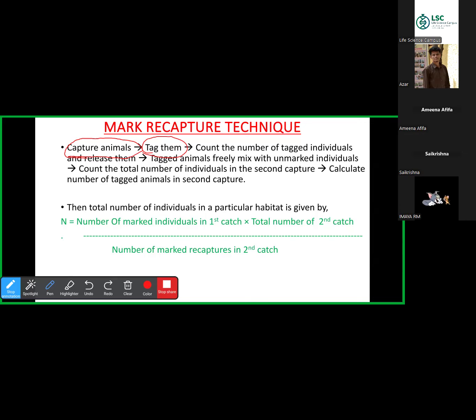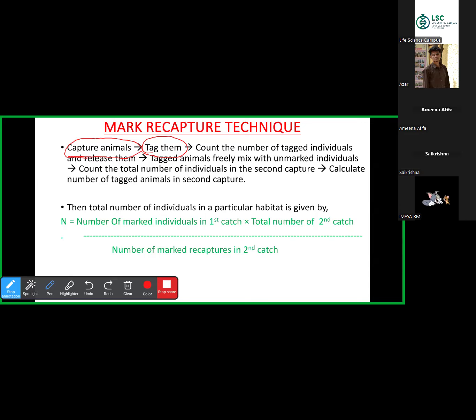Now just listen. This technique will be easy after seeing some examples. So in mark recapture technique, firstly we capture the animals, then tag them. After tagging, count the number of tagged individuals and release them into their natural habitat.